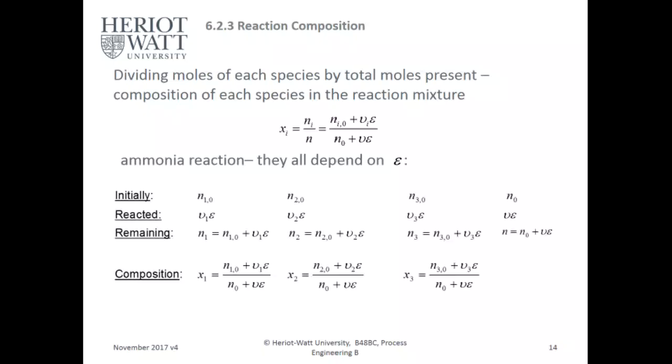So initially V1 epsilon, V2 epsilon, V3 epsilon, and you've seen the balance of the composition. X1 equals N1 0 plus V1 epsilon over N0 plus V epsilon. And for X2, it's N2 0 plus V2 epsilon, the extent of the reaction, over N0 plus V epsilon, and X3 equals N3 0 plus V3 epsilon over N0 plus V epsilon.